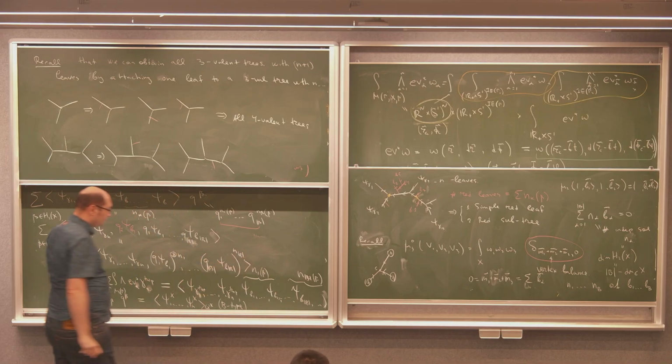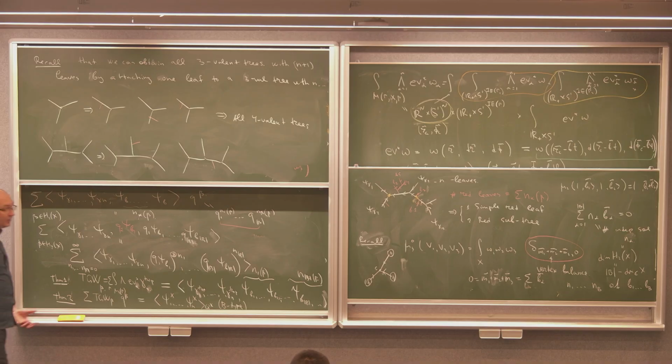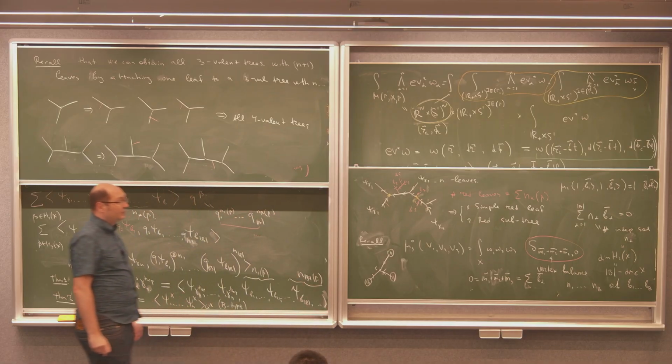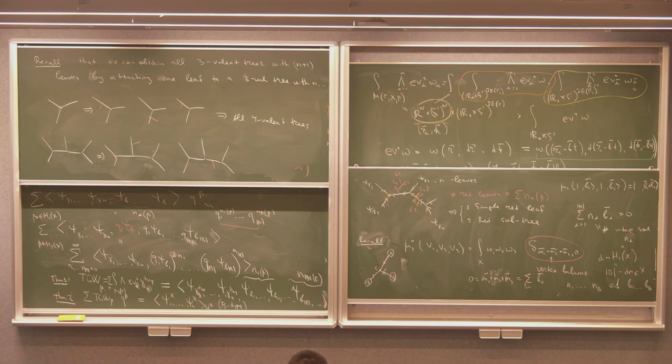Because of this extra property of the pairing, this triple pairing of three states into numbers in quantum mechanics, we can add a lot of zero amplitudes to this sum and replace it by a much bigger sum where all these numbers freely run from 0 to infinity. They are not related to each other. In the original sum, they were all controlled by a single curve class beta.